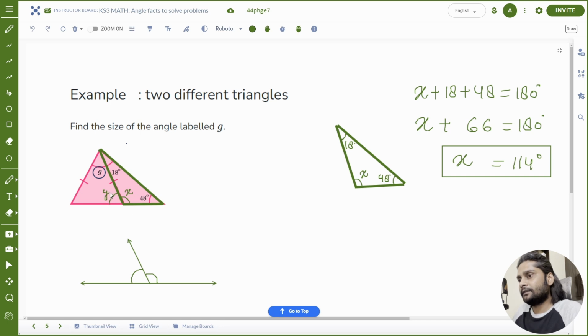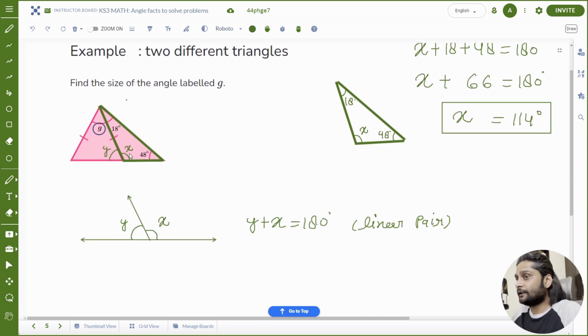So y plus x must form a sum of 180 degrees, according to the linear pair property that I told you at the beginning of the class. Now you already know the value of x, which is 114. So simply you can get the value of y by taking it away from 180. You get 66 degrees.